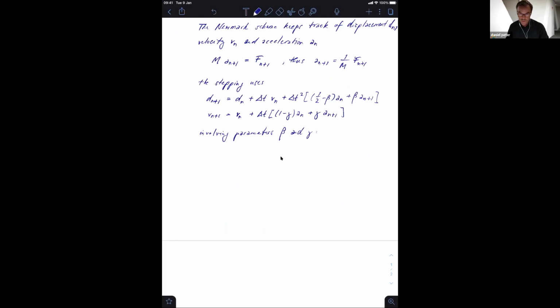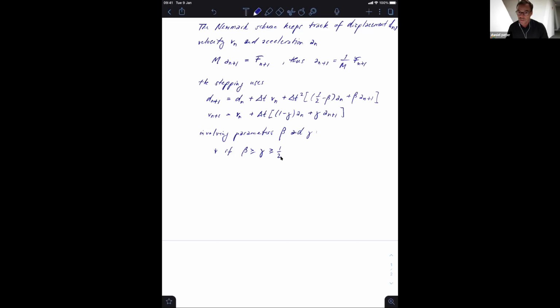So if we look at these step updates for displacement and velocity, you see, for example, that if we choose factor beta and gamma bigger than 1/2, then we do have implicit updates.